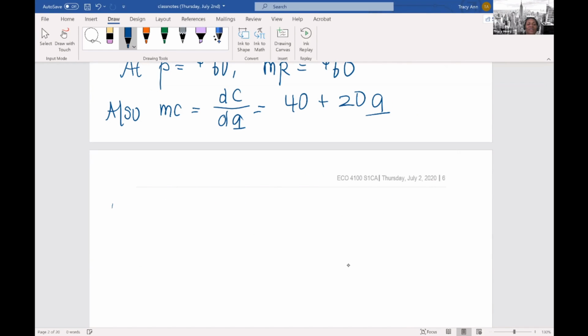At Q star, marginal revenue is equal to marginal cost. So 60 is equal to 40 plus 20Q. Oof, why am I getting Q equals 0?